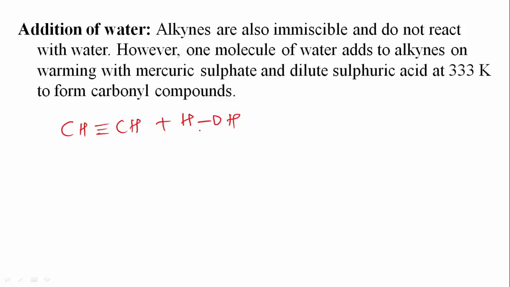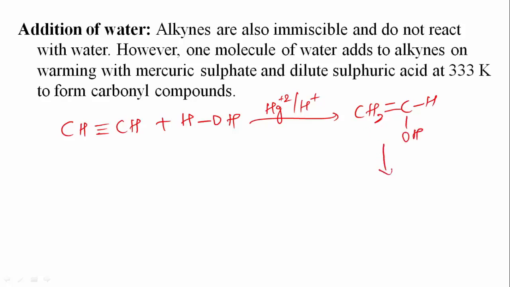HOH, that is water, H2O, in presence of the mercuric sulfate and dilute sulfuric acid, it will form CH2 double bond CHOH, and again it will rearrange and form an isomer, leading to CH3 CHO.